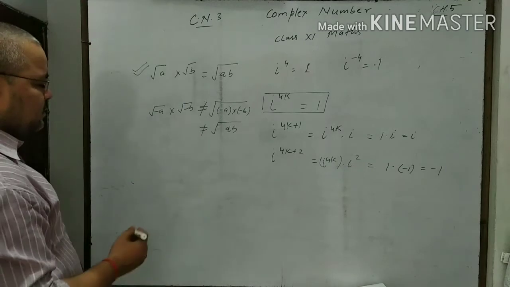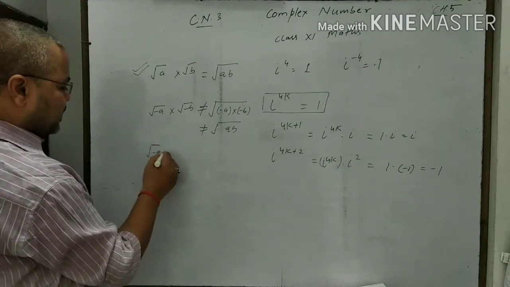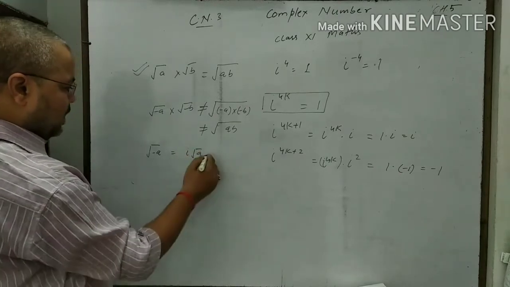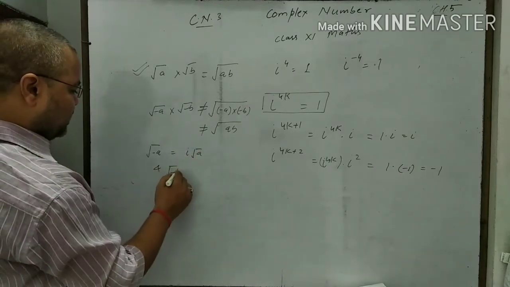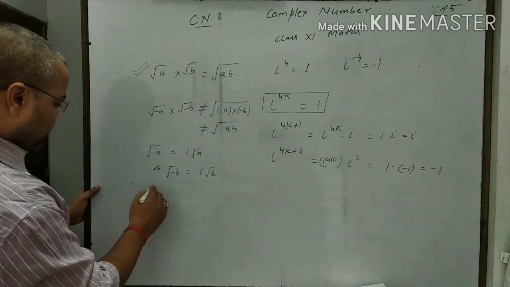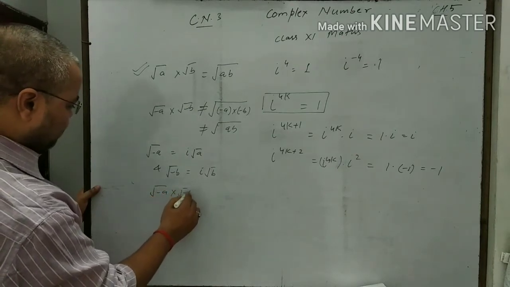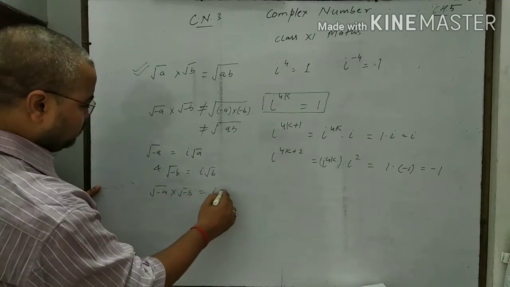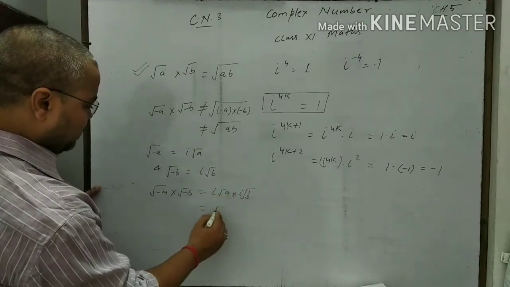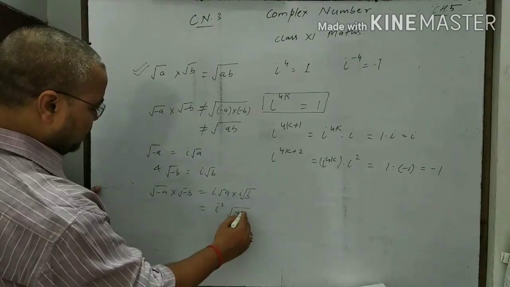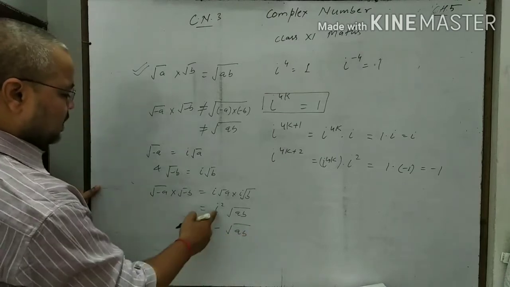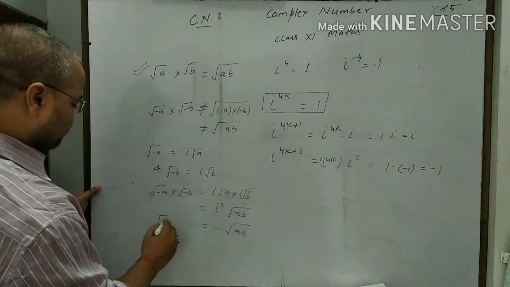How? Let us see. Under root minus A can be written as I root A, and under root minus B can be written as I root B. If we multiply under root minus A into under root minus B, then it will be I root A into I root B. It will be I square under root AB, which is minus under root AB, because I square is equal to minus 1.